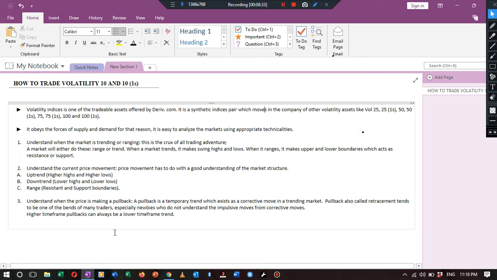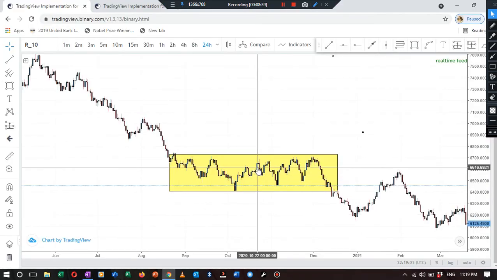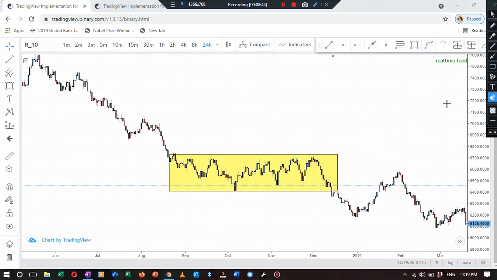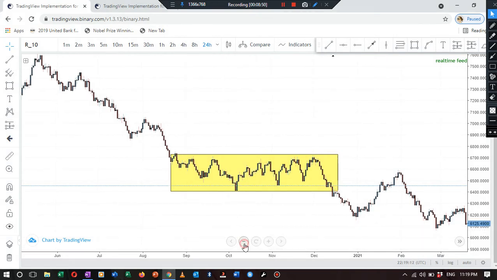But you know the funniest part of the story: when people are trading pullbacks, or some people call it counter trend, especially newbies, they tend to focus so much because they do not understand what really happens.